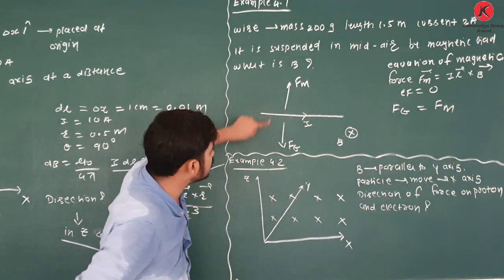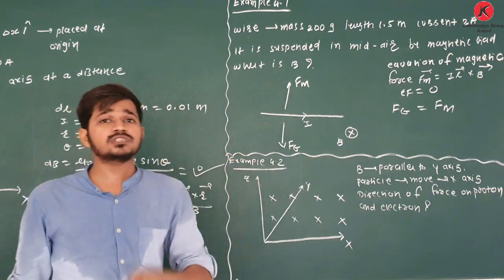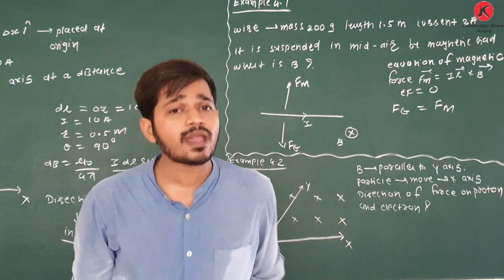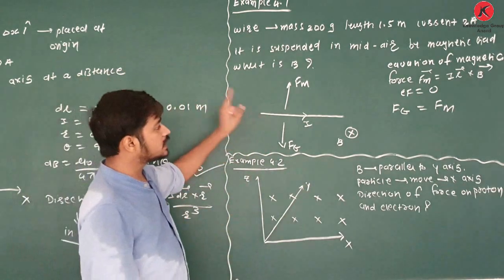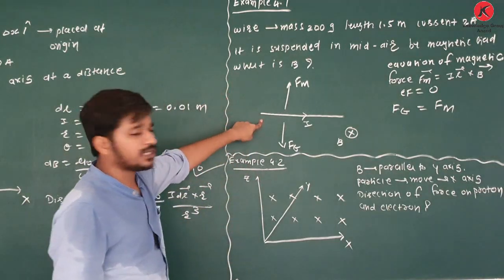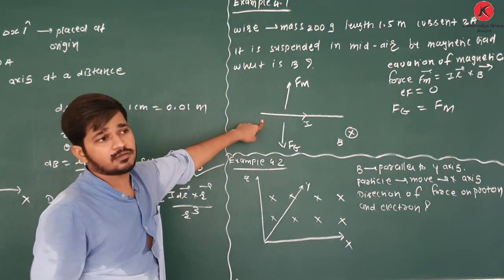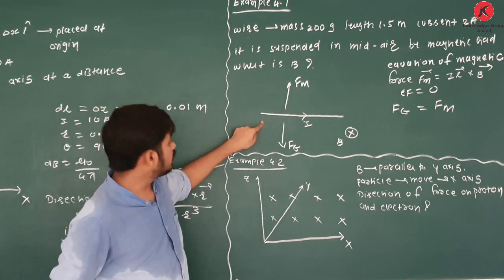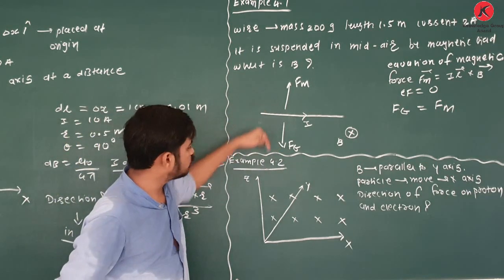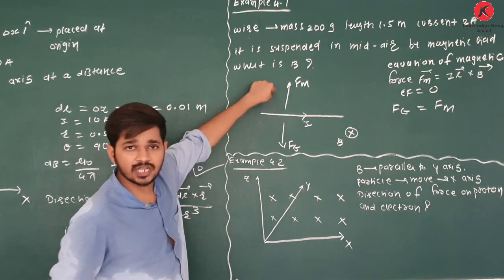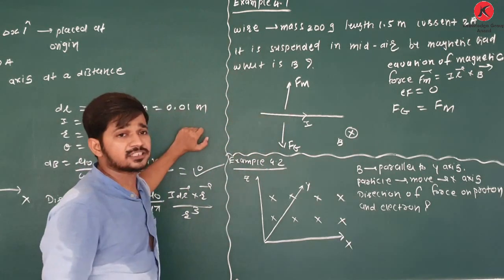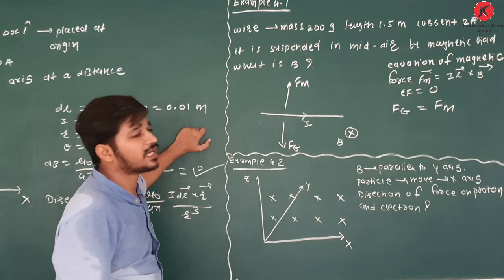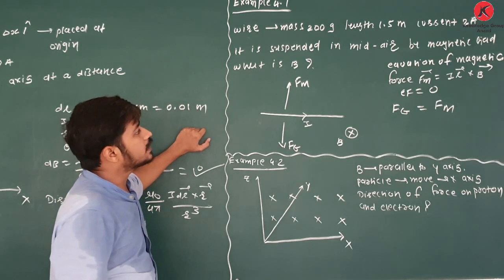If they are equal in magnitude, then the resultant becomes 0 and this wire becomes stationary, suspended in mid-air. Otherwise, if the gravitational force is larger, it will move downward. If the magnetic force is larger, it will move upward. But if the two forces are equal in magnitude, it will be suspended in mid-air.